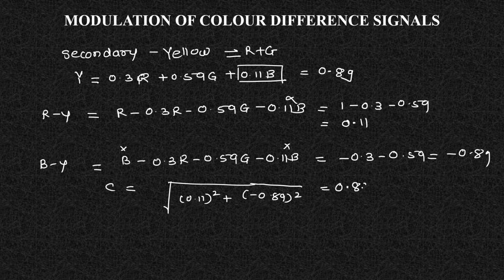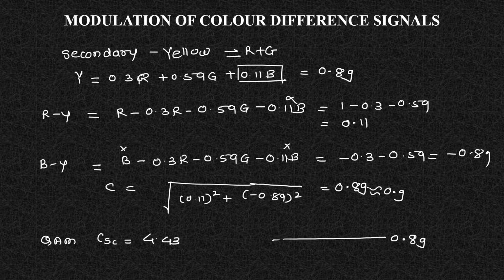So if I am interested in finding out how the quadrature amplitude modulated signal will look for this, I'll draw the QAM signal. Your color subcarrier will be 4.43 megahertz and luminance will be 0.89. On that 0.89, which is approximately equal to 0.9, you are superimposing your color subcarrier.